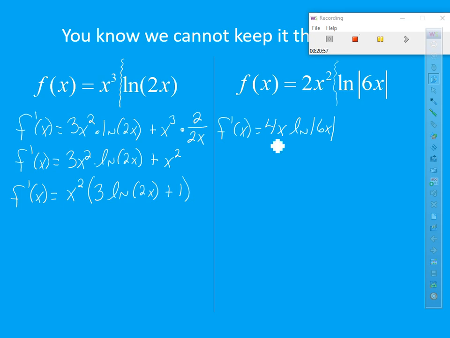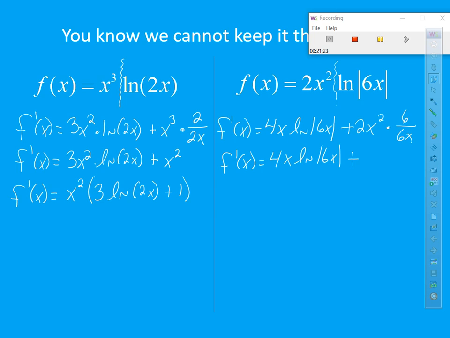So I got the derivative of the first times the second plus the first, 2x squared, times 6 over 6x. Or, if you recognize it, 1 over x. Let me simplify this for you. So I've got 4x times the natural log of 6x plus, looks like the 6's cancel out.